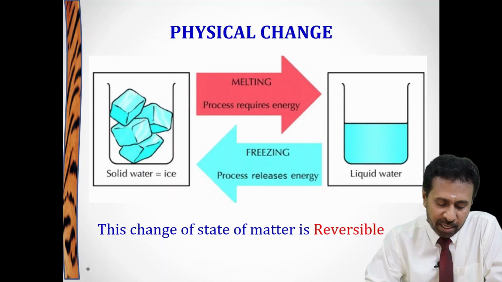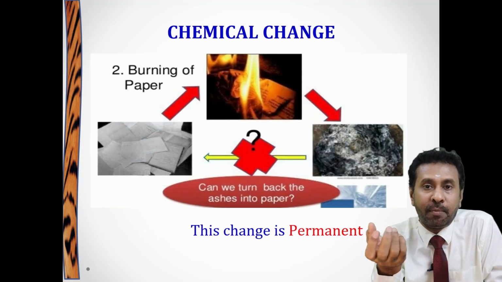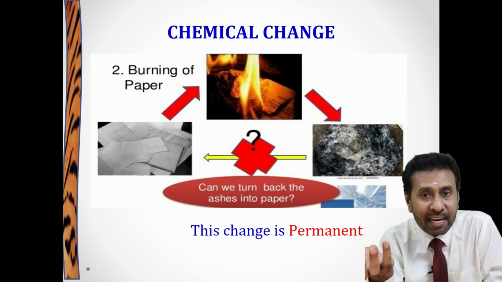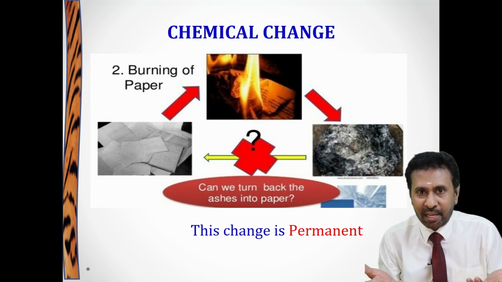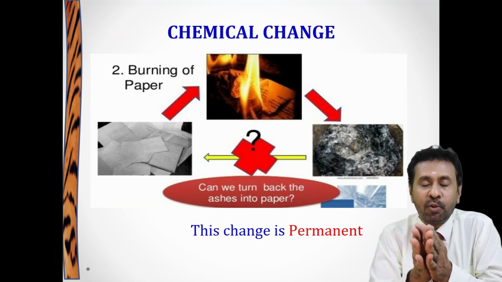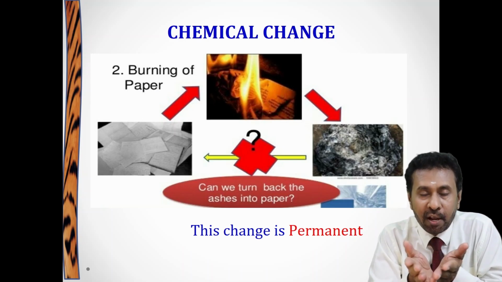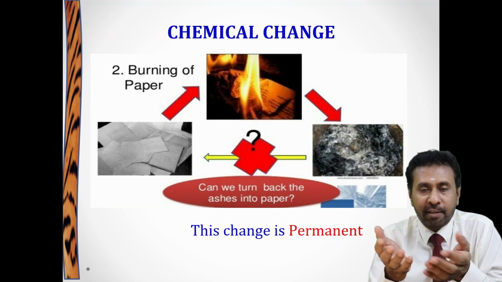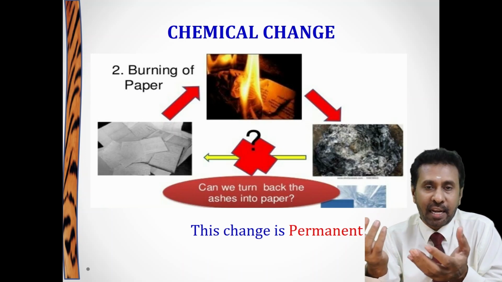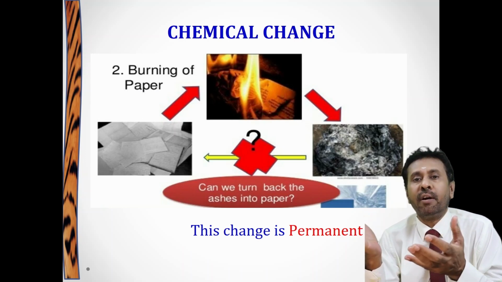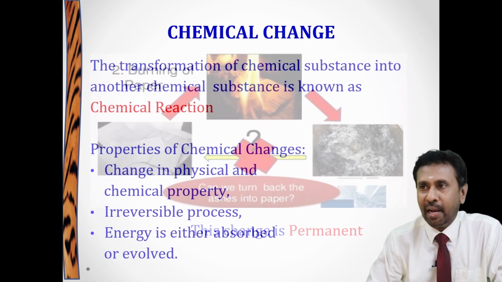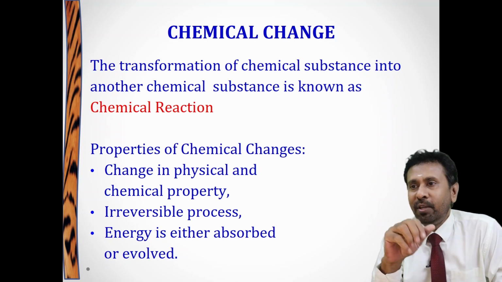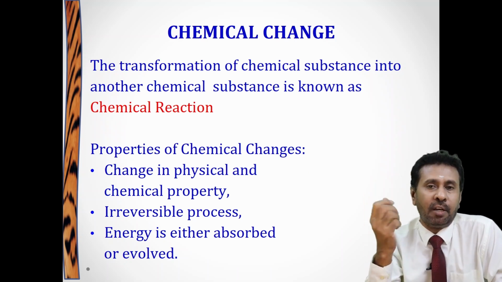So what is a chemical change? The example is burning of paper. When you burn the paper, it becomes ash. Can we convert this ash back to paper? We cannot. So this is a permanent change. When there is a permanent change due to any external factor like heat, or when it happens naturally, that is called a chemical change. Chemical changes are irreversible and permanent. Now, when do we observe a chemical change?